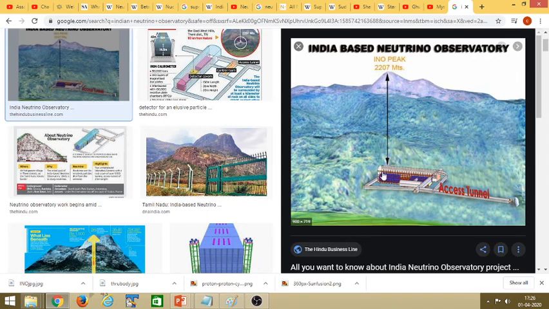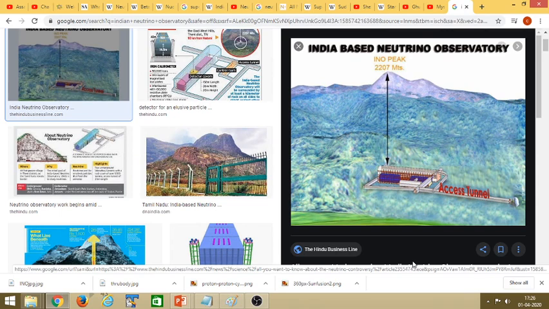It is planned inside a hill, and the access tunnel is about a meter long. You can Google about this and read more about it, and also see why these observatories for neutrinos are built in old mines or inside hills. It will be interesting to see why they do that.